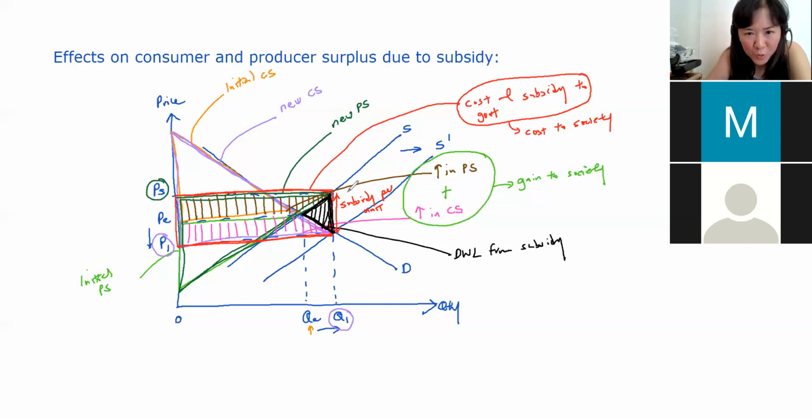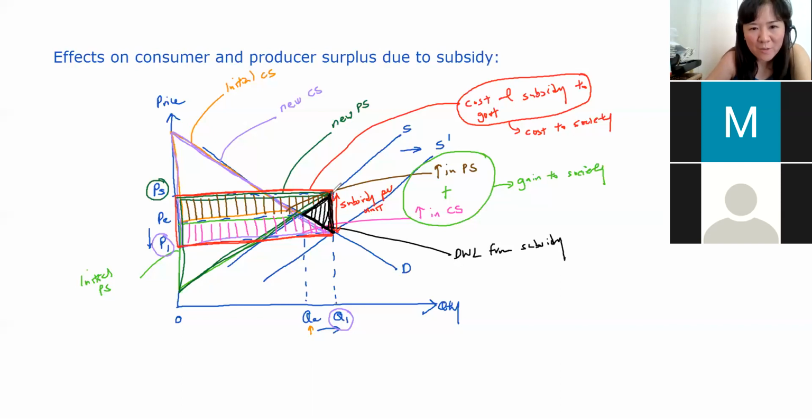But then the producer surplus, the gain in producer surplus is actually the comparison of the old or the initial producer surplus, which is the light green, versus the darker green. So there is an increase in producer surplus of this much. This is the gain in producer surplus, but this is the gain in consumer surplus.